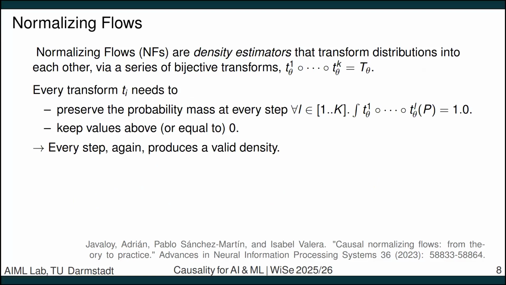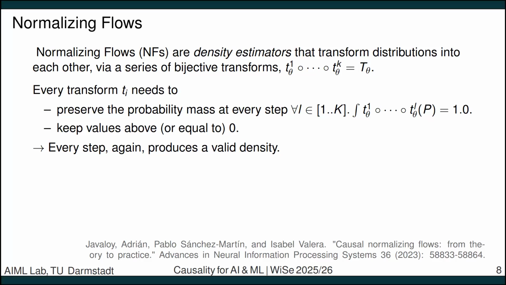Standard normalizing flows are density estimators that apply a series of bijective transformations to transform a given probability distribution or density into a product of standard Gaussians.